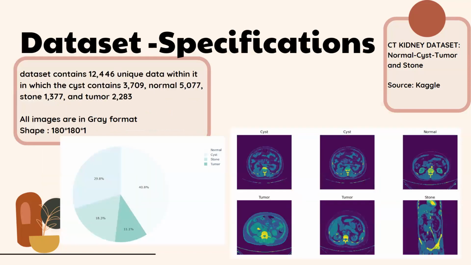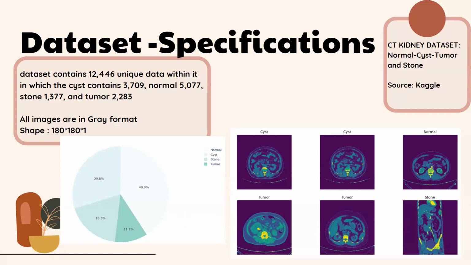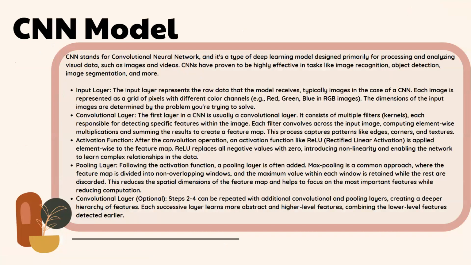It contains 12,446 images, of which 40% are normal, around 30% are cyst, 18% are stone, and 11% are tumors. Here you can see some example pictures from the data set. So yeah, this is the data set.